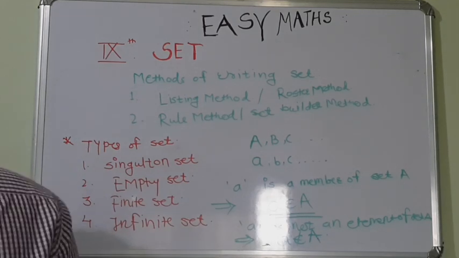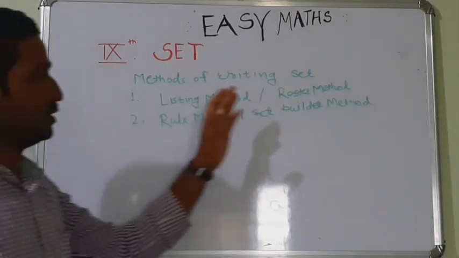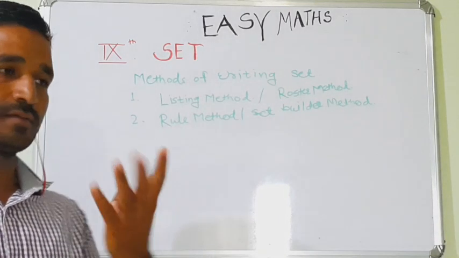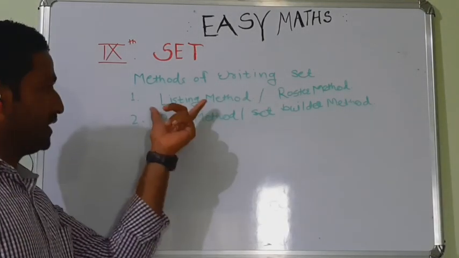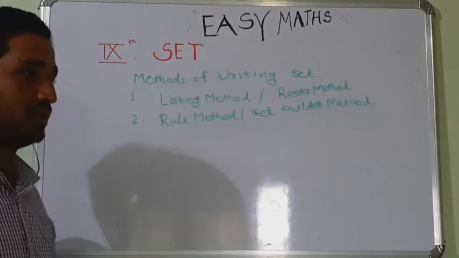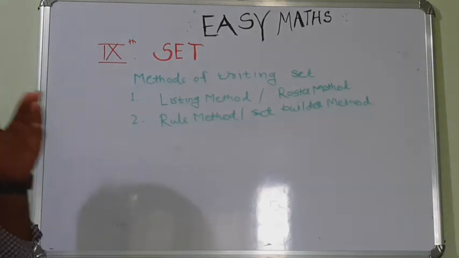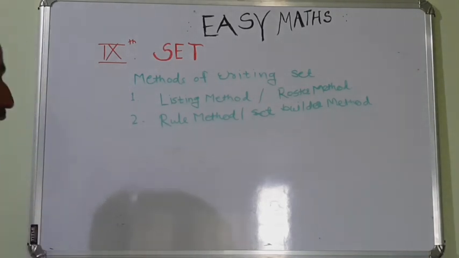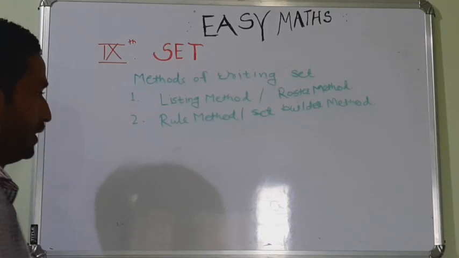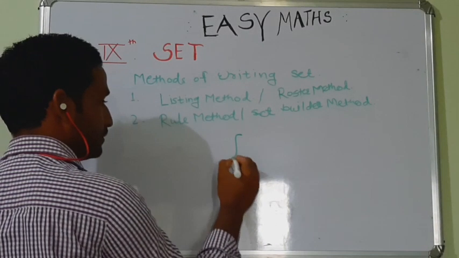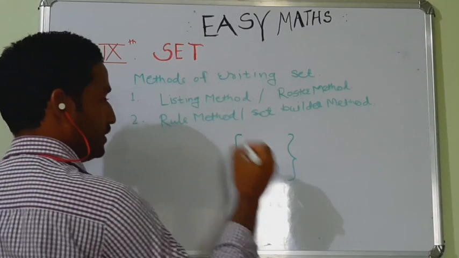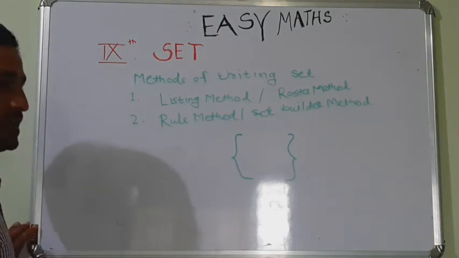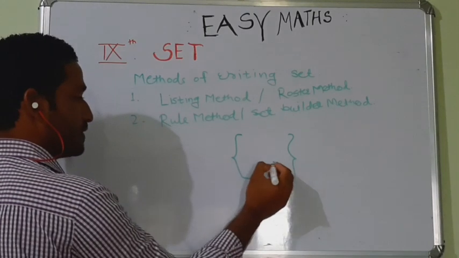Got it? Next one, listing method. There are rules of writing a set by listing method. First one is write the set in curly brackets, and every element in the set is separated by commas.